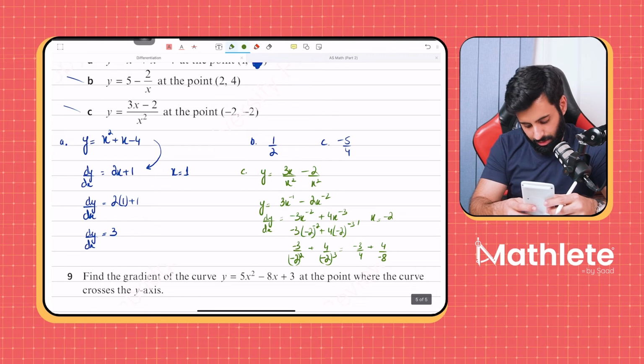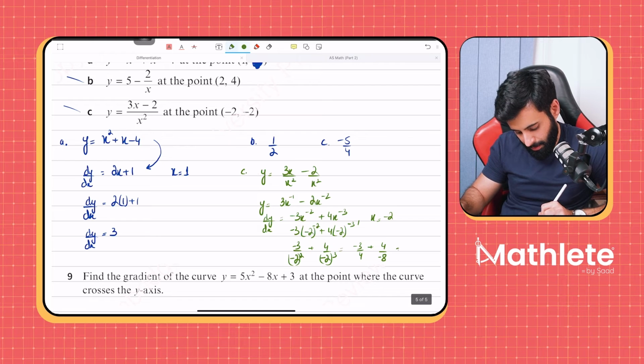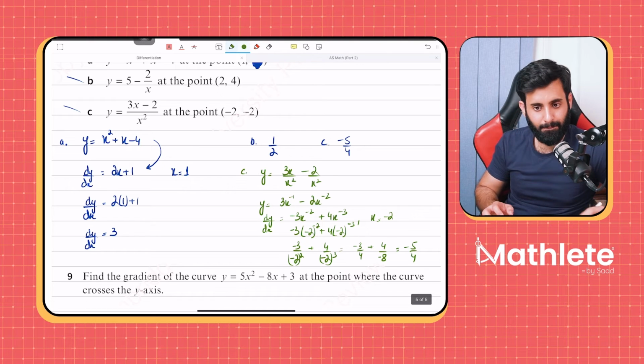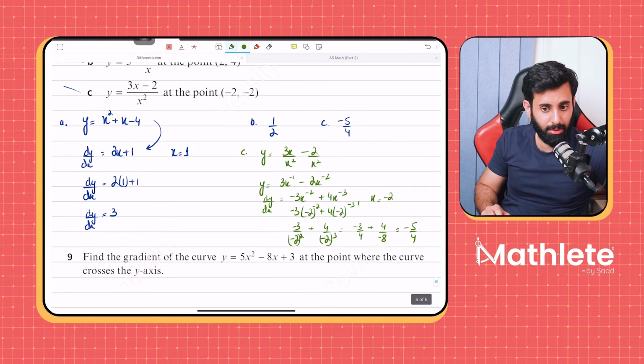So work this out using your calculator, see what you get. Minus 3 upon 4 minus 5 upon 4. Nope, it's not minus 1, it's minus 5 upon 4.